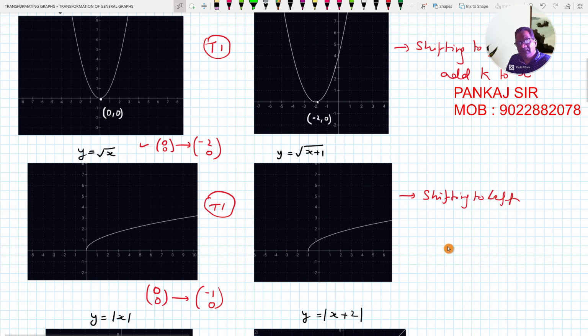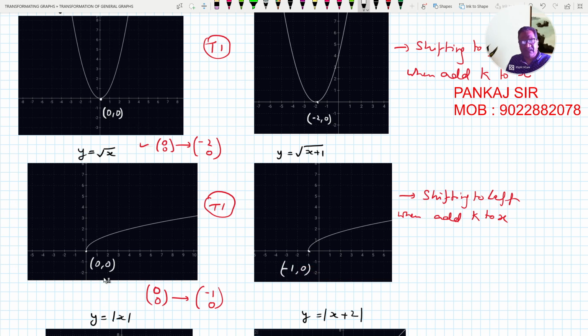The graph is shifting to the left when we add some positive number k to x. Now that is what you can see. Again here, let us check the coordinates. Let us take this particular coordinate. This is 0, comma 0 in the parent graph, and here in the transformed graph, it is minus 1, comma 0.